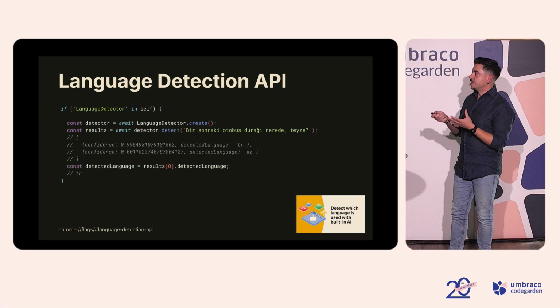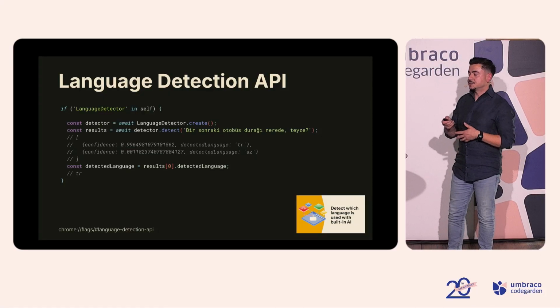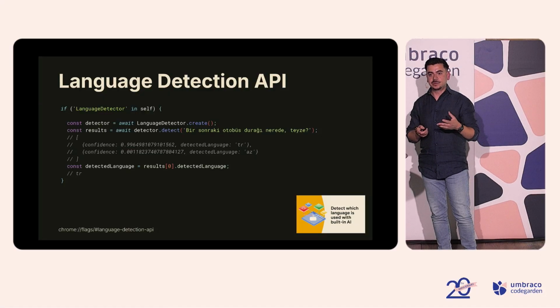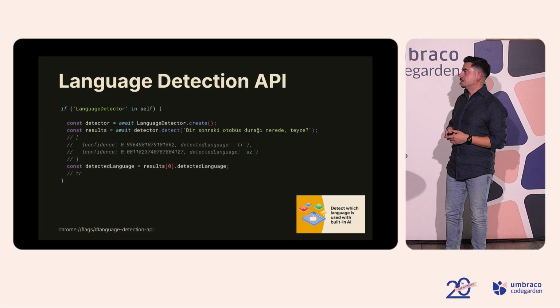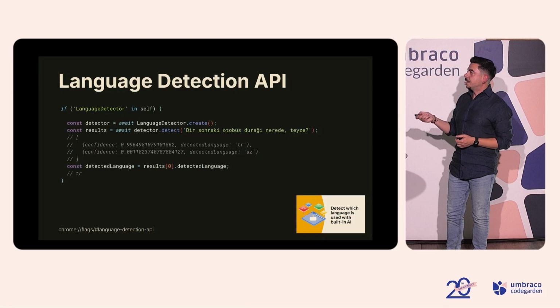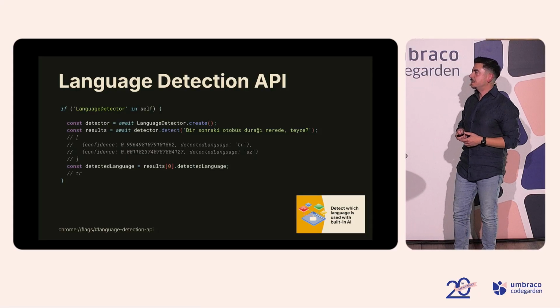And the next one is the language detection API. This is handy for the translator API use case because you want to know your input language. It doesn't detect it automatically, so you need to detect it yourself by using the language detection API, for instance. Or if you know it for a fact, you can provide the parameter yourself. You create an instance of a language detector in a very similar way. All these APIs are created in the same way.